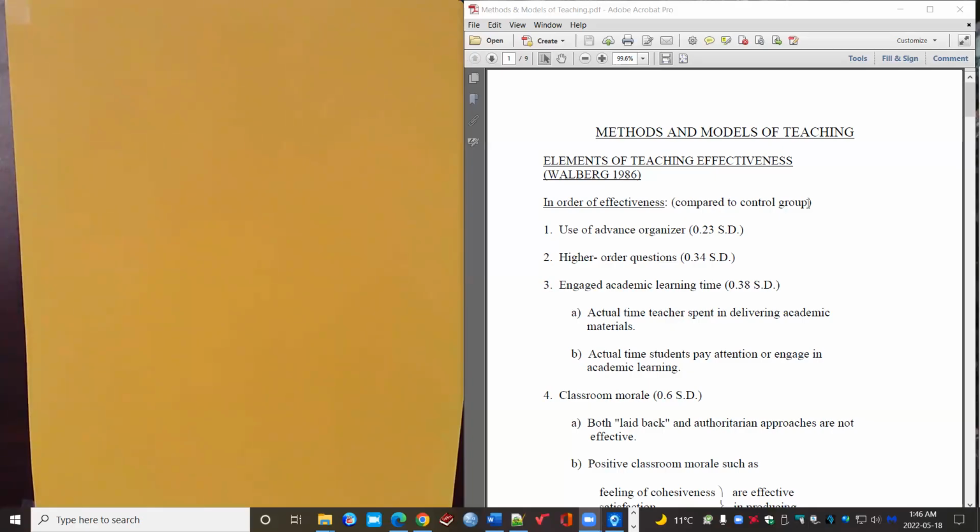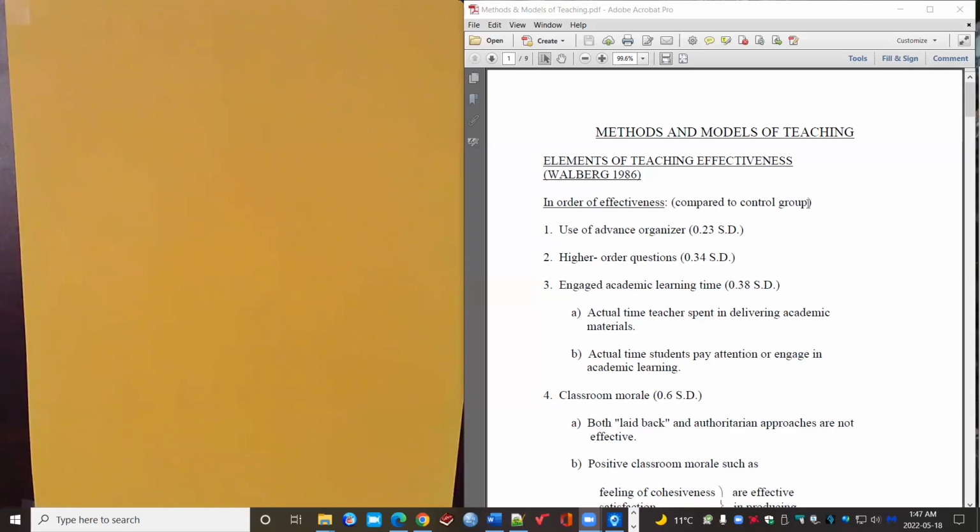So it is very trustworthy. All right. Now, Herbert Warburg from the University of Illinois, he compiled all this data here.